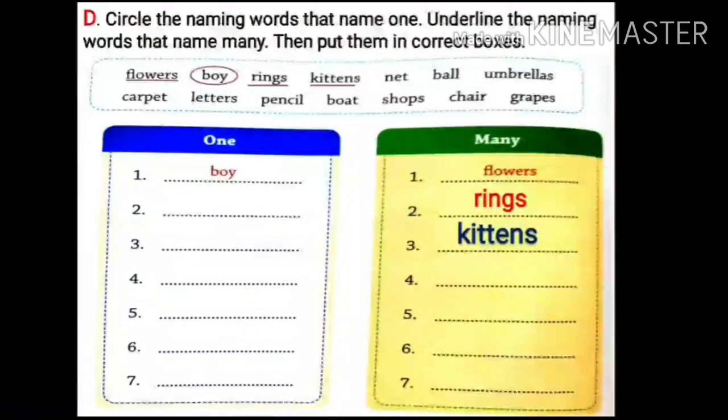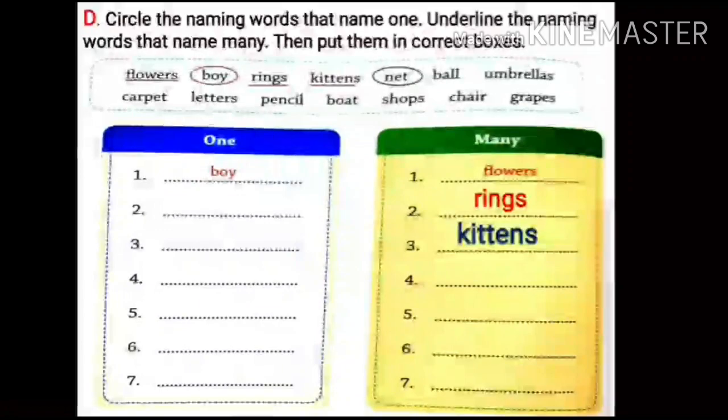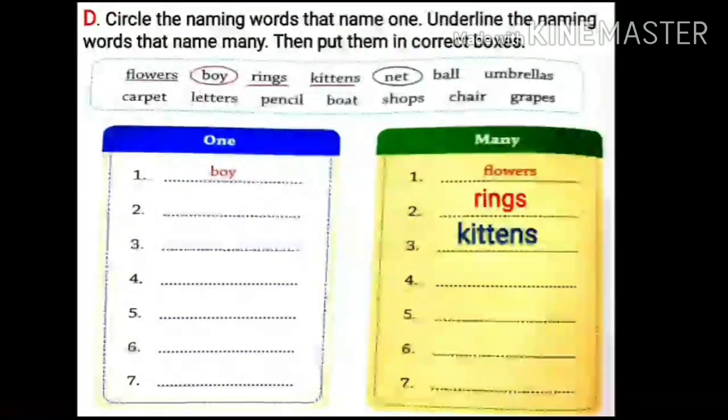The next word is N-E-T, net. Now there is only one net. So we are going to circle. We are going to circle the word which shows only one. And write it down under one column.